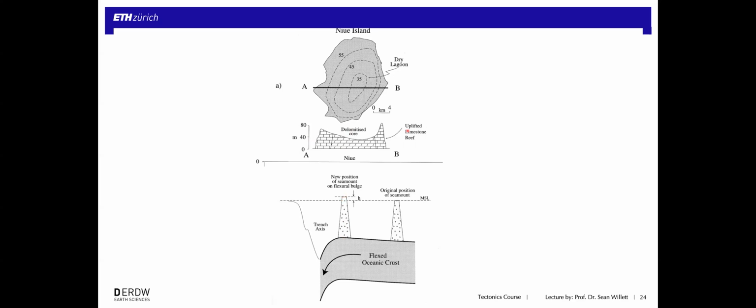And this reef will then end up being like in this observation, Niue Island. This has now been uplifted, so it's 40 to 80 meters above sea level. That's significant. That's not sea level change, right? That's really uplift of this island. And if we could continue to follow it, we'd see that it's going to then go down again, back below sea level.